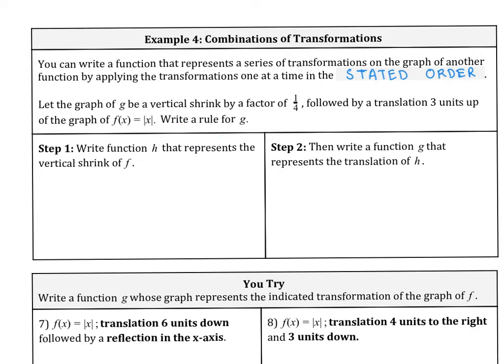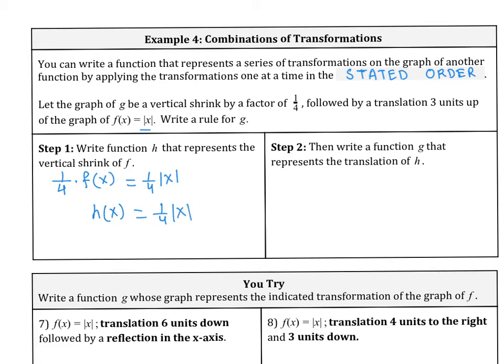Step number 1, as I said, is vertical shrink by a factor of 1/4. So we're going to multiply 1/4 times f(x), and f(x) is absolute value x, so 1/4 absolute value x. Let's name this function h(x).